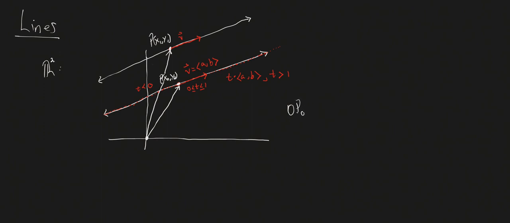Let me call this one P0 since I have 2 points there. The vector that goes from the origin to P0, well, we know how to find that. That's head minus tail. If I know the coordinates of this point, then it's going to be x0 minus 0, and then y0 minus 0. So I have this vector, right?